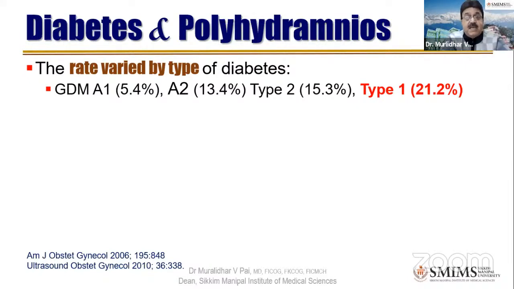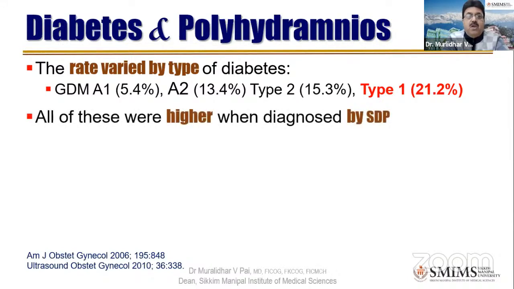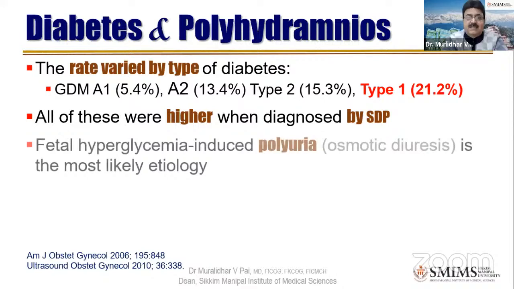And if it is type 1 diabetes, 21.2%. That's how it varies from somewhere between 8 to 22%. All of these were higher when diagnosed by SDP. Right in the beginning, I told you, if our diagnostic criteria is SDP, we tend to overdiagnose. And obviously here again, if it is through SDP, you will have a higher incidence.